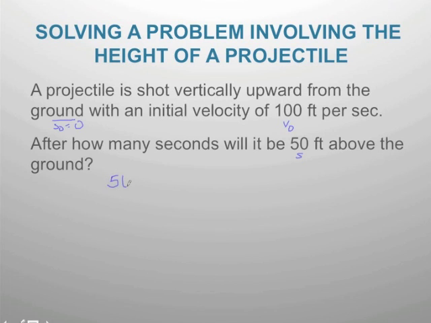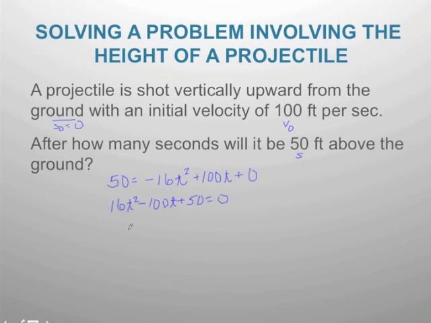So my 50 equals the negative 16t squared plus my initial velocity, 100 feet, times the time, plus the initial height, which was the ground level, 0. Getting this in standard form, I'll make it 16t squared minus 100t plus 50 equals 0.